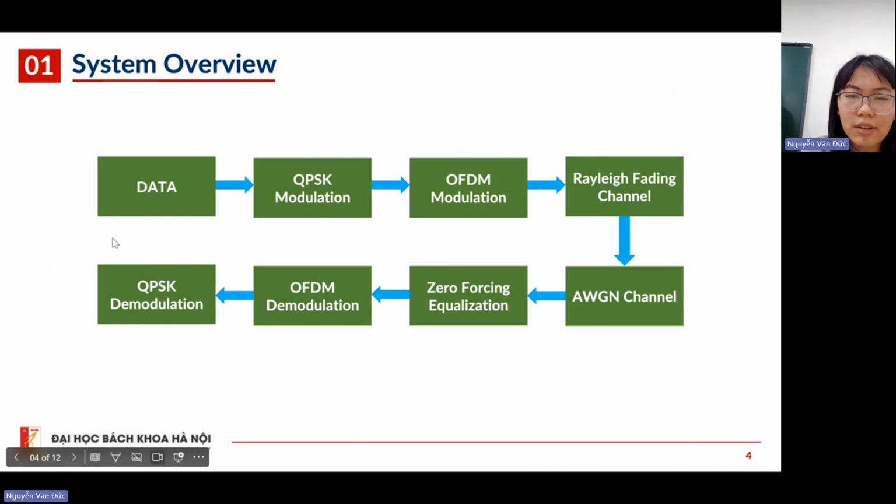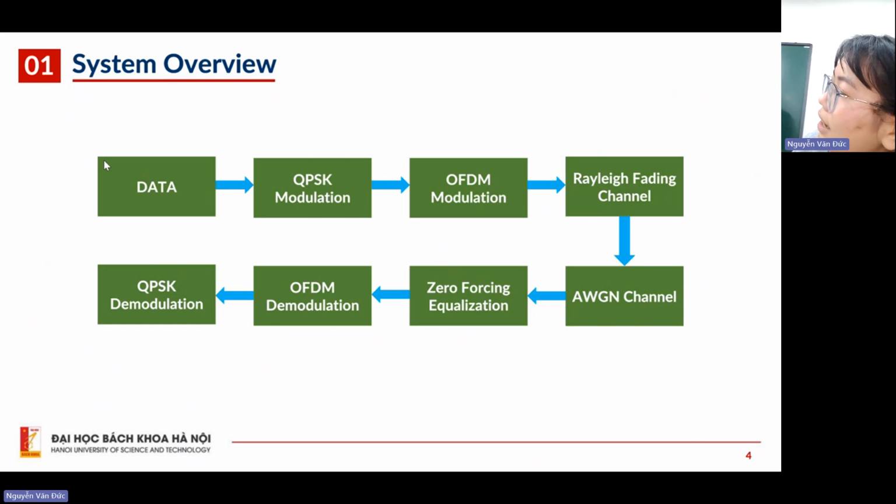Here we have 8 blocks. The first is the data, which can also be the input signal, and after the QPSK modulation, it will become the digital signal.